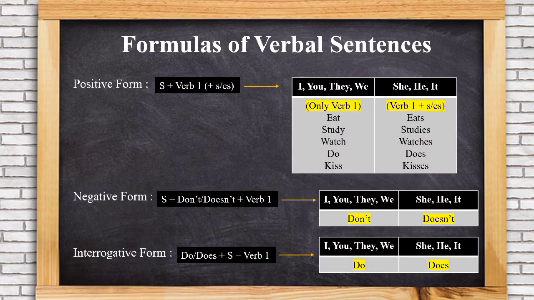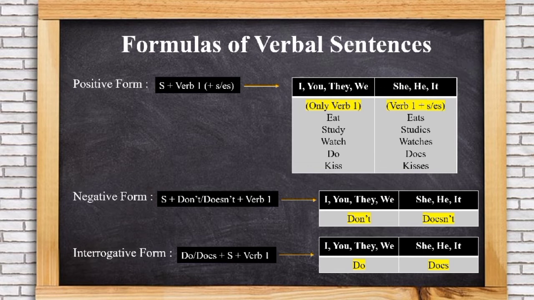In this slide, I will explain about formulas of verbal sentences. There are 3 formulas. The first one is positive formula, the second one is negative formula, and the third one is interrogative formula. Let's start from positive formula. The positive formula is subject plus verb 1 plus s or es.